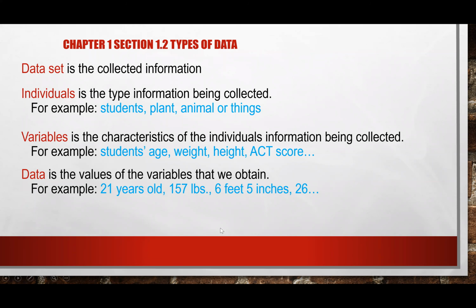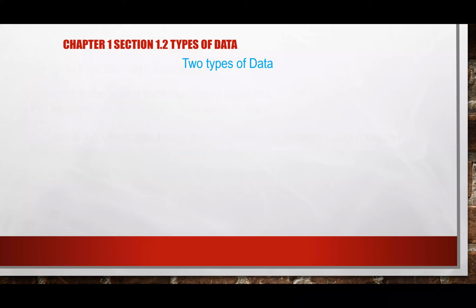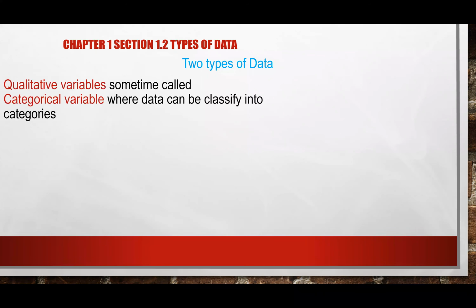I don't think they ask you this question on the test or on the homework. It's just easy for us. If I tell you a variable, you say, okay, it can be height. And if I say the data, you know I'm talking about the number itself. Those are the 2 things that you hear a lot, the variable and the data.